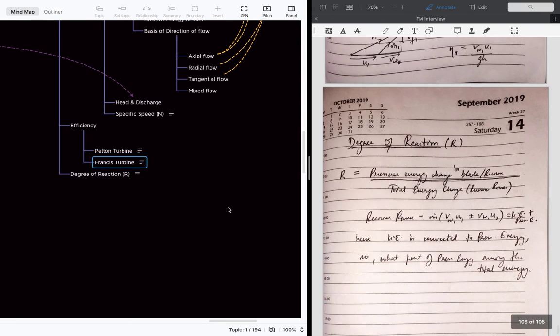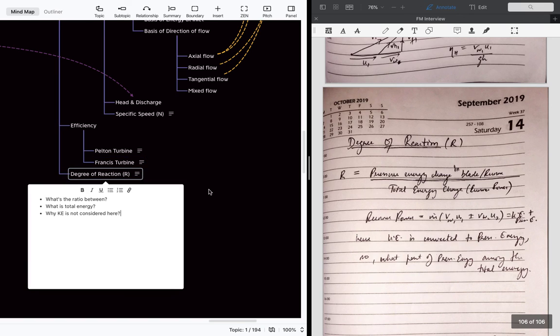So the last point to discuss is the degree of reaction. So what is the ratio between what is the total energy, why is kinetic energy not considered? So the degree of reaction is basically the ratio of the pressure energy change in the blade or runner to the total energy change.